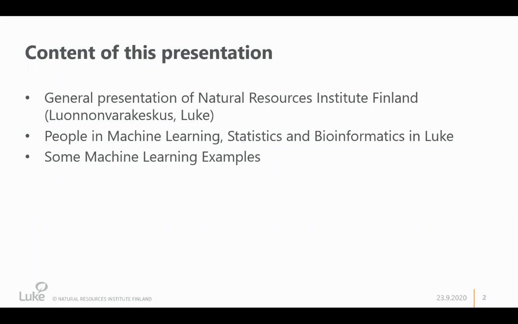Then I will also introduce a little bit closer my own group, where we have machine learning experts, but also I will introduce some other groups and what kind of projects they have where they apply machine learning. And then in the end of the presentation, I have a few examples where machine learning was used. So this is the rough overview of what we'll be covering today.